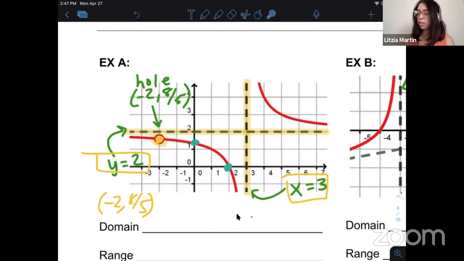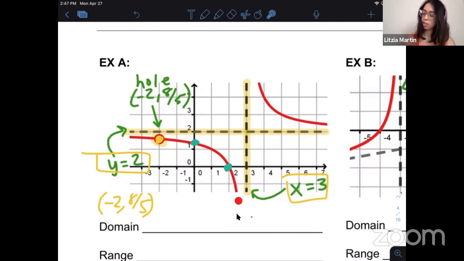So if I see here that I have a hole here, a y-intercept here and a zero here, then I know that my graph is going to exist in this quadrant, in this section here. All I have to do is connect those points and then follow the asymptote.